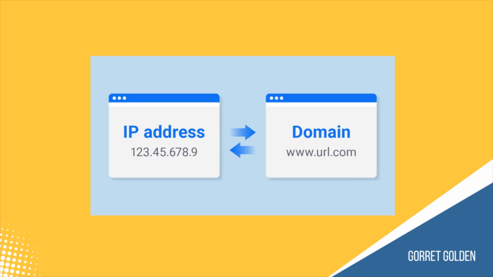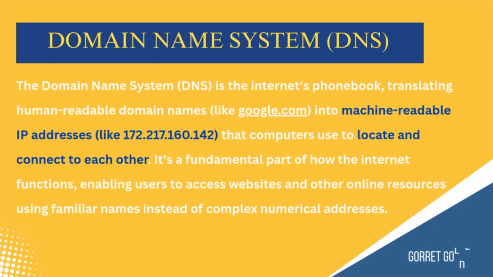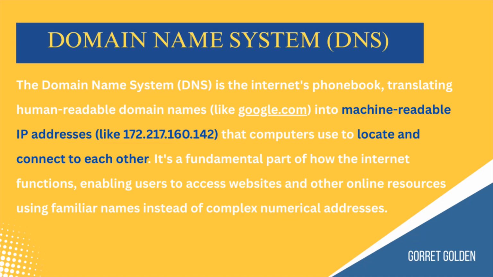So the domains are always linked to the IP addresses, and when you type a domain, the internet secretly converts the domain name into an IP address, which is the real location of the server. That brings us to the domain name system, also known as the DNS. The DNS is more like the phone book of the internet, and it always translates domains into IP addresses.